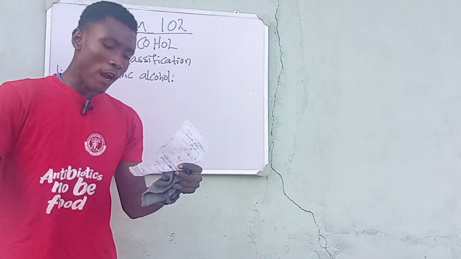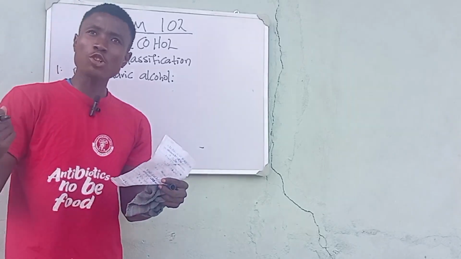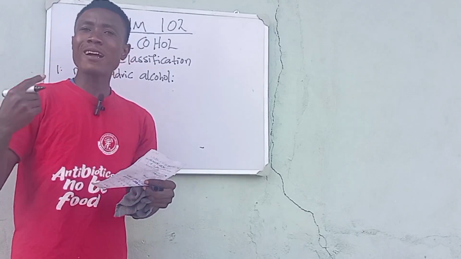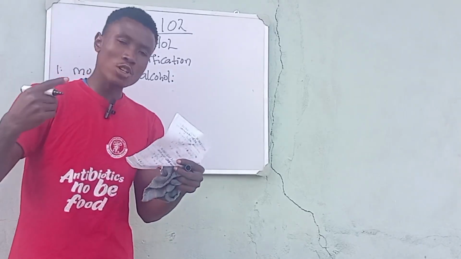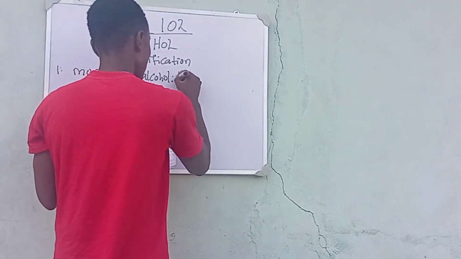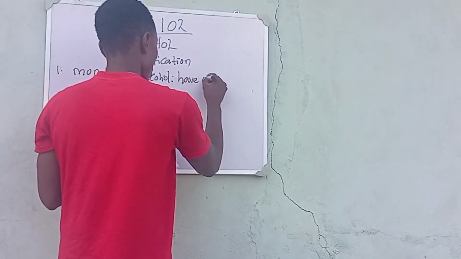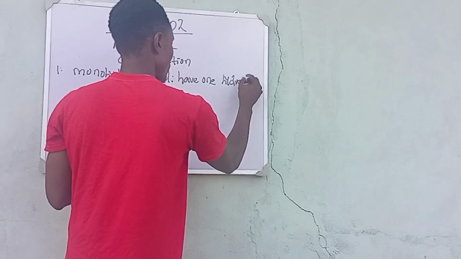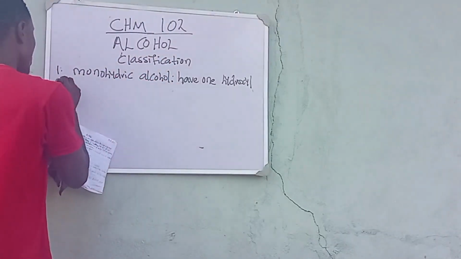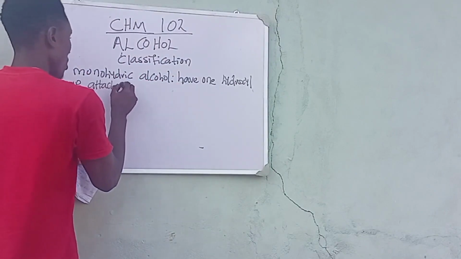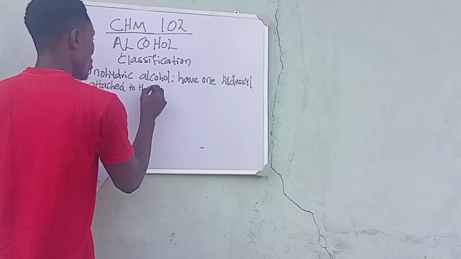This is a classification of alcohol that has one hydroxy group, that is one OH, attached to their alkyl group. They have one hydroxy group attached to their alkyl group.